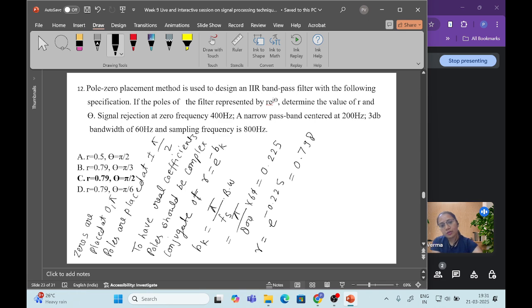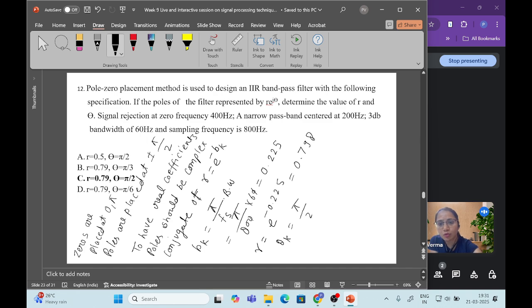So the r value we have got is 0.798. And what is theta? If the poles of the filter are represented as r e to the power j theta, the poles are presented at plus minus pi by 2. So theta is centered at 200 Hz, and theta is pi by 2.